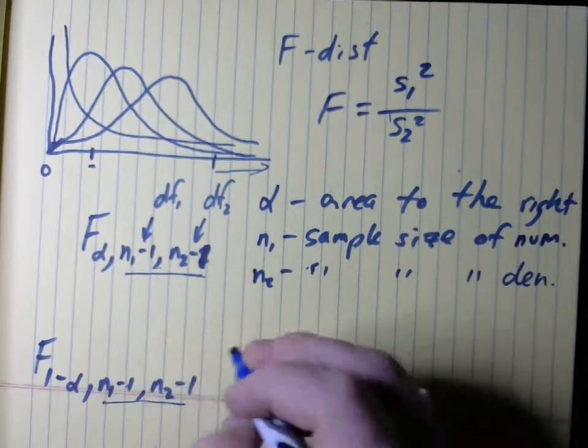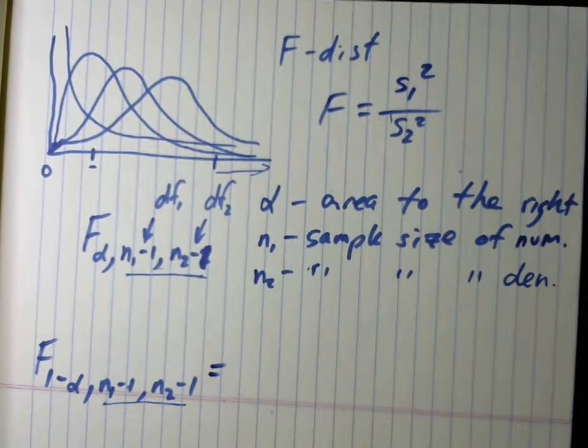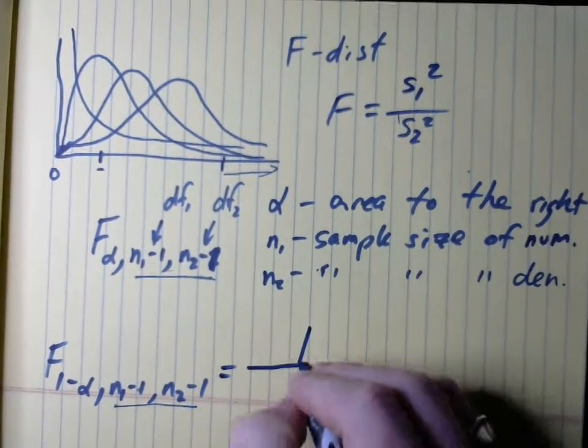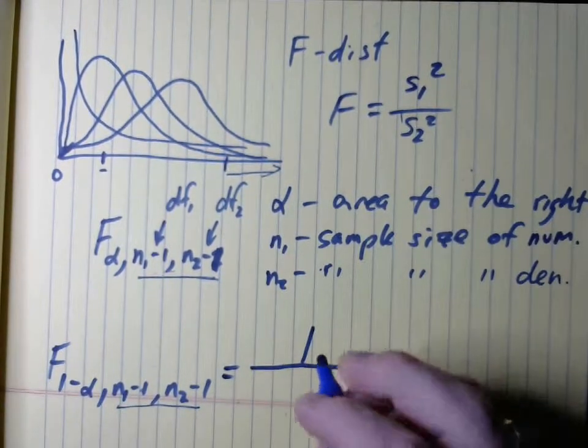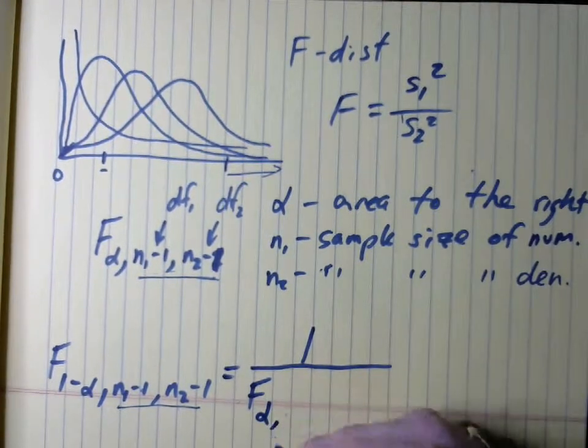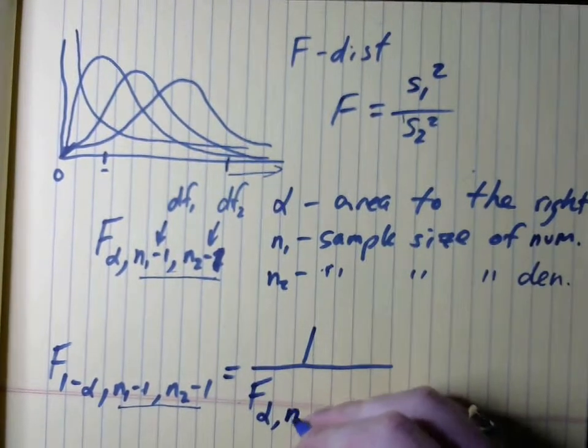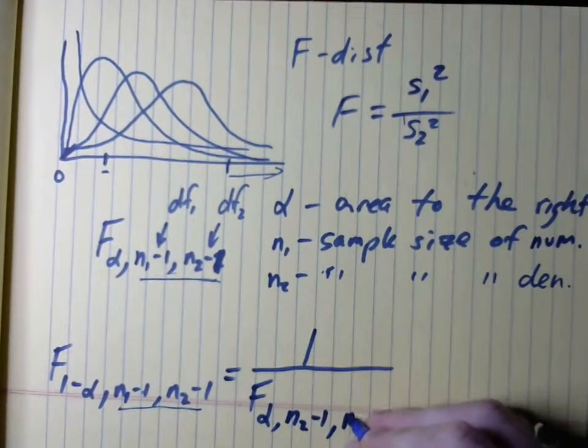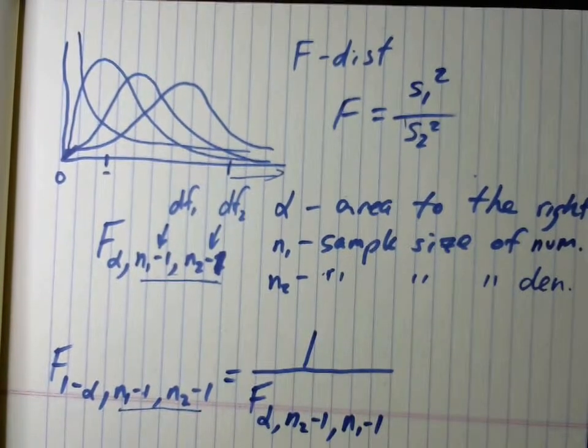But this is equivalent to, and this is kind of goofy, but this is just how the F distribution works, 1 divided by F sub alpha, and then you just switch these two around. So now it's N2 minus 1, comma, N1 minus 1. It's like thinking of this as being the numerator now, and this being the denominator, according to the table when you look up values.